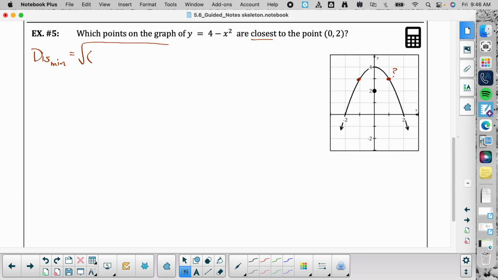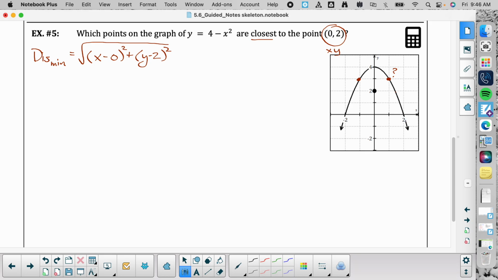I'm trying to find the distance between 0, 2, and 1 generic point. So I can actually write in some numbers right away. So I would have x minus 0, and then I would have y minus 2. If you wanted to do x2, x1, and then fill them in afterwards, go for it.